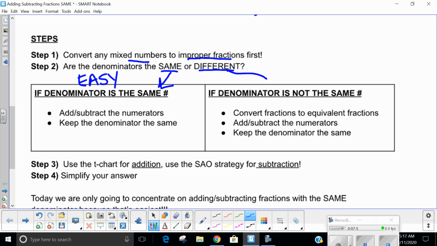If they're different, then we have to take a different strategy, and we want the denominators to be the same so that it makes it easy. Now today, we're just going to talk about denominators that are the same. So we're going to take the easy way today.